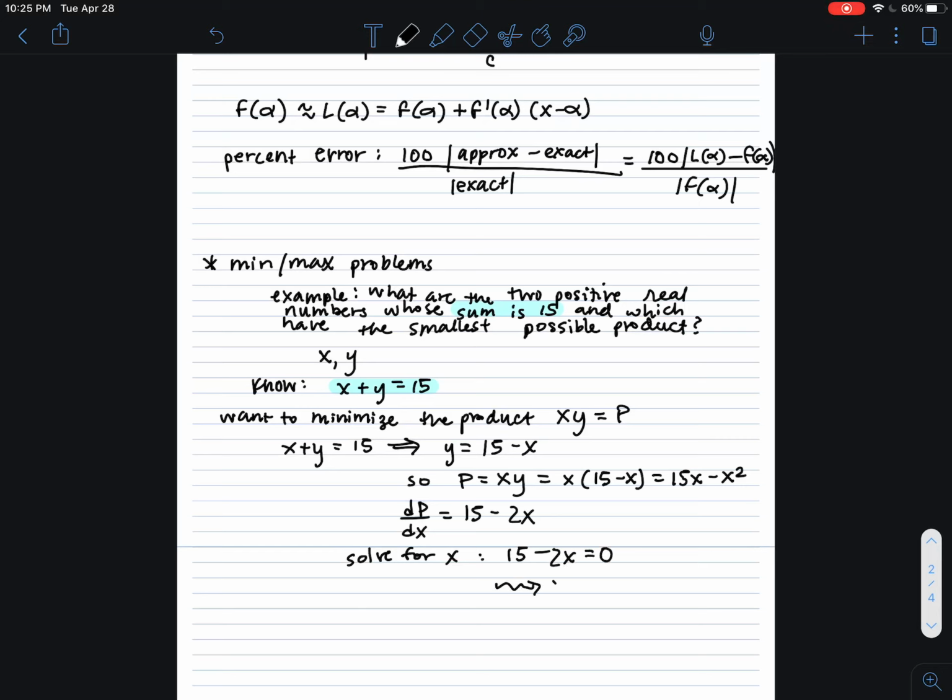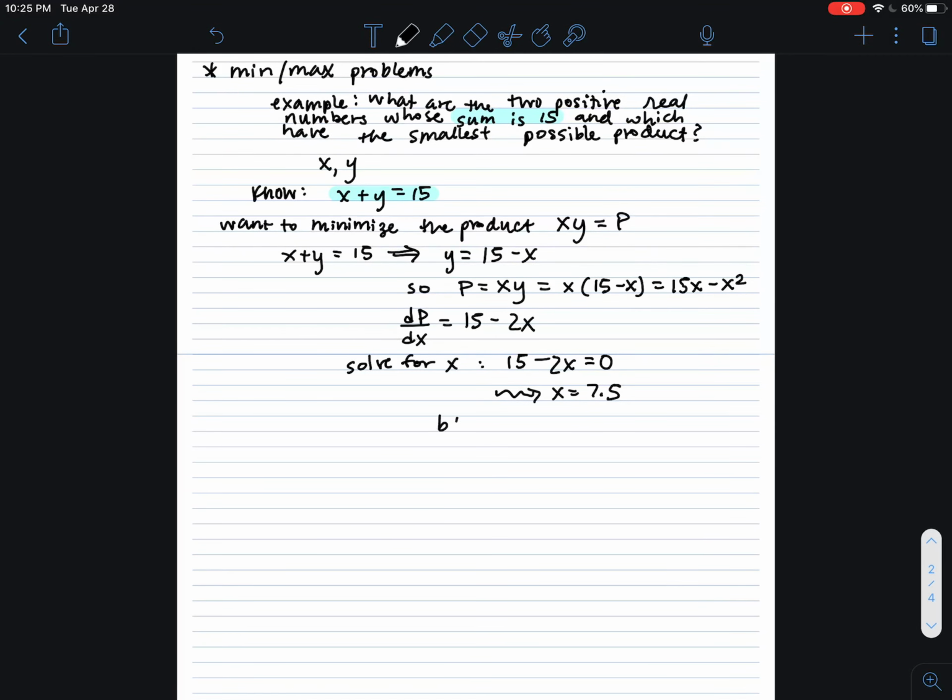And this will give us x equals 7.5. And because x plus y is equal to 15, we have 7.5 plus y is equal to 15, which gives us y is equal to 7.5. So if I'm looking for my two positive real numbers that give me this result, it's 7.5 and 7.5.